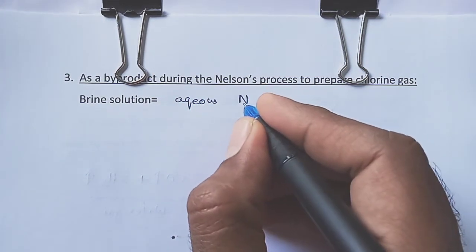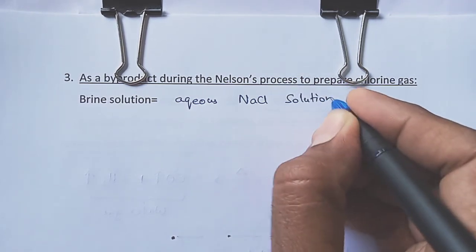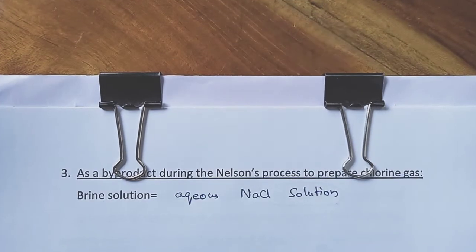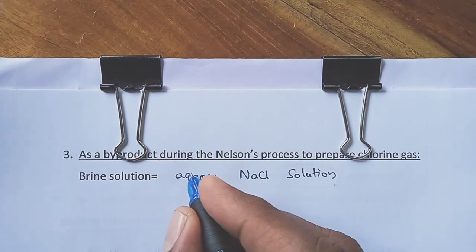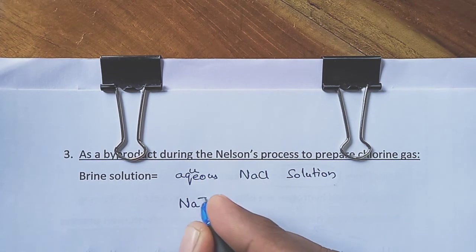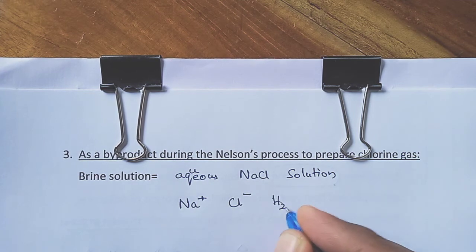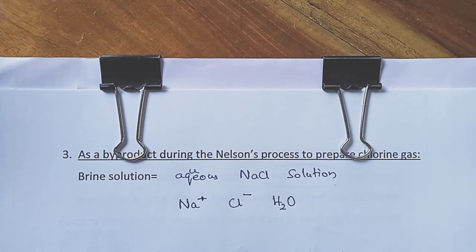Aqueous sodium chloride solution is called brine solution. What does aqueous sodium chloride solution contain? It contains Na plus ions, Cl minus ions and water molecules.